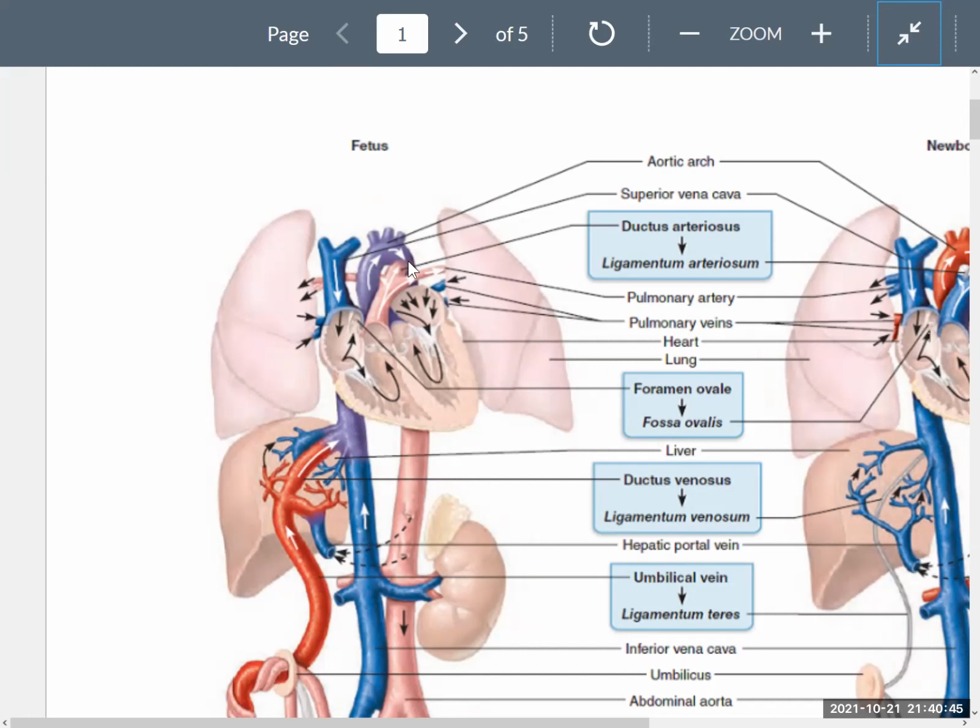There's the aorta behind it. It goes right in. That shunt is called the ductus arteriosus, the artery duct. Again, not much imagination in naming that one.